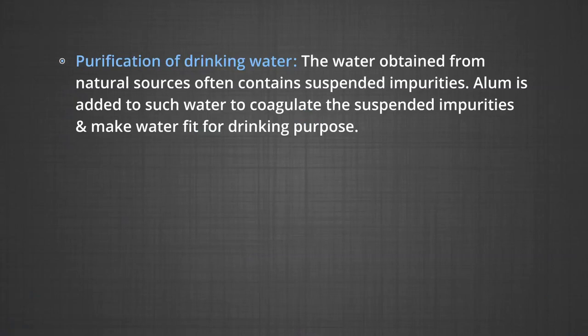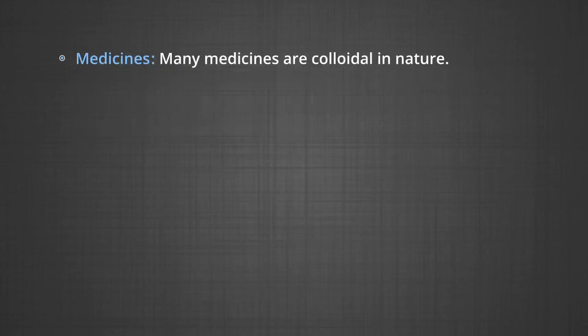Number 2, purification of drinking water. The water obtained from natural sources often contains suspended impurities. Alum is added to such water to coagulate the suspended impurities and make water fit for drinking purposes. Number 3, medicines. Many medicines are colloidal in nature.